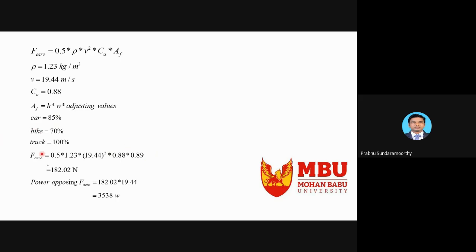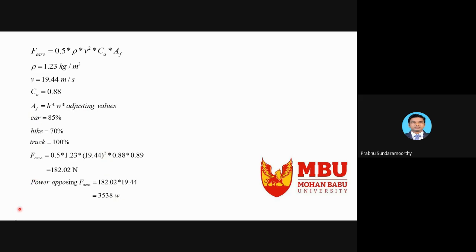So if we substitute, we will get an aerodynamic force value of 182.202 Newton. To oppose this force, I need to have a velocity value, right? So I will get the power which is going to oppose the aerodynamic force as 3538 watts.